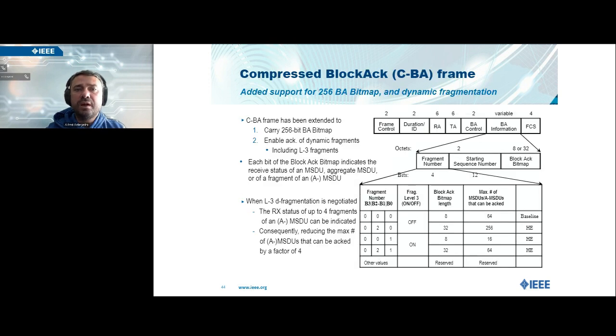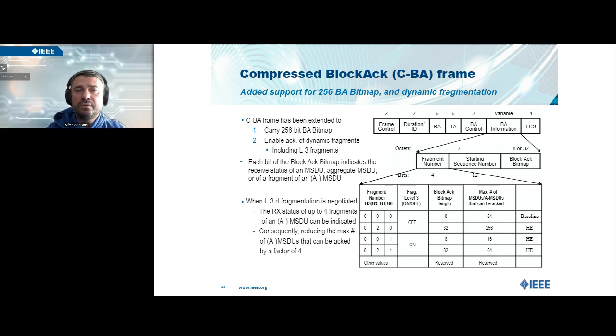So starting with the compressed block ACK frame, a general overview of what was added is essentially support of 256 block ACK bitmaps and support for dynamic fragmentation in both flavors, level 2 and level 3, because level 1 can be acknowledged with an ACK frame itself.